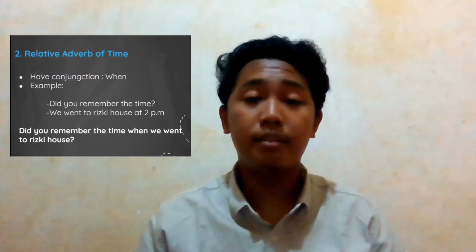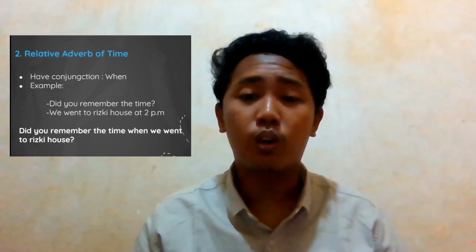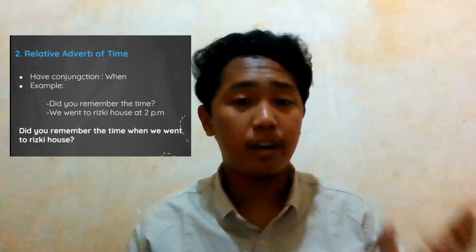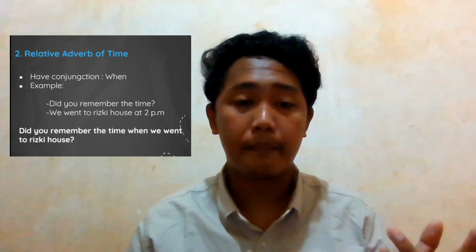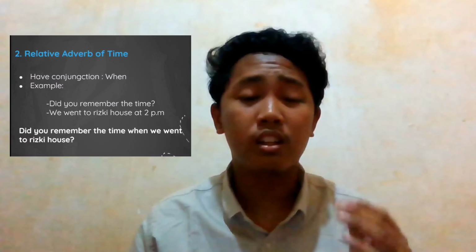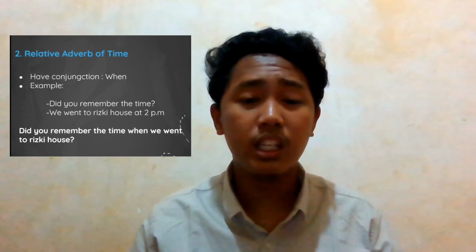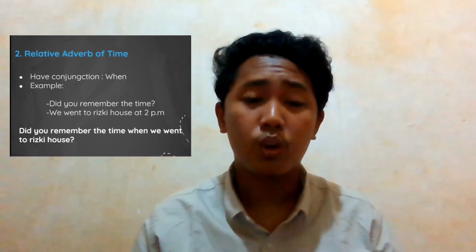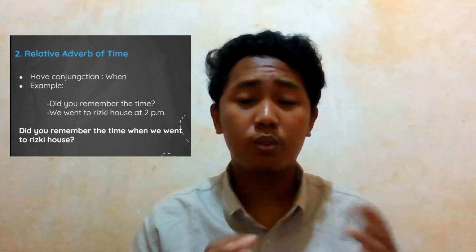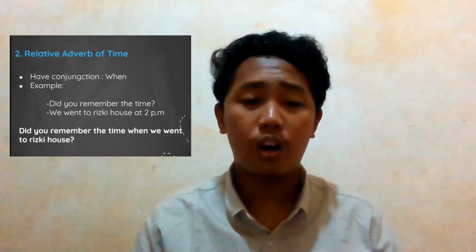Second, relative adverb of time. In relative adverb of time, we use the conjunction when. When describes time. For example, first clause: do you remember the time? Second clause: we went to Rizki's house at 2 p.m. To combine those clauses, we have to find the similarity between them.